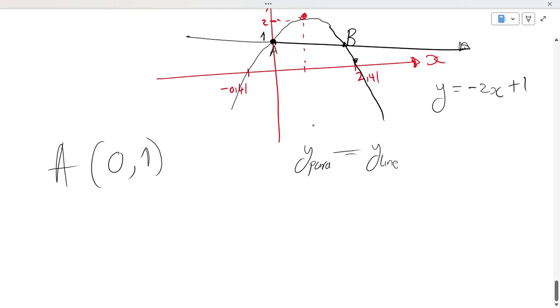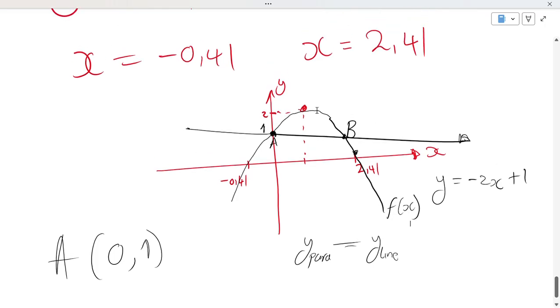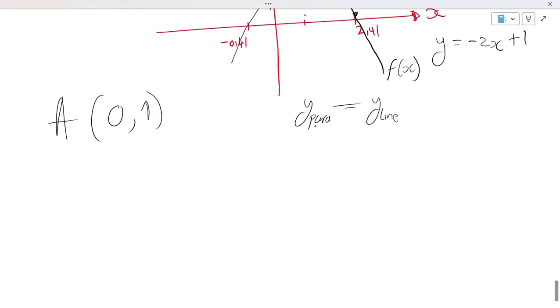They would say the parabola is f of x, and the straight line is g of x. Then they would say f of x equal to g of x.